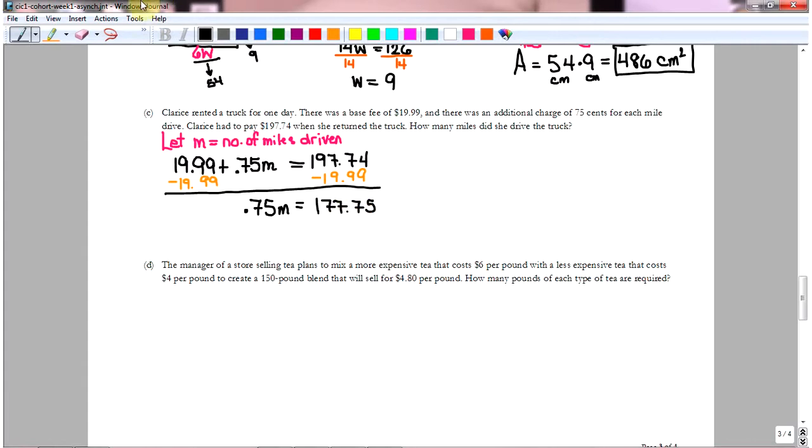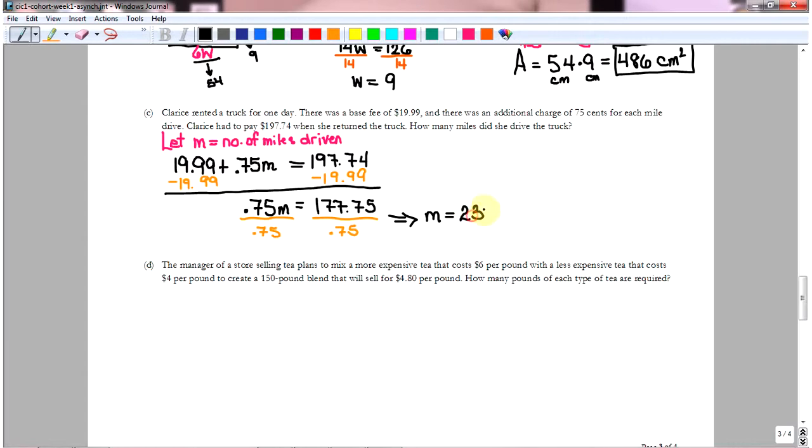So our last step is to divide both sides by 0.75. So on the left, we're left with m, and you should come up with 237.